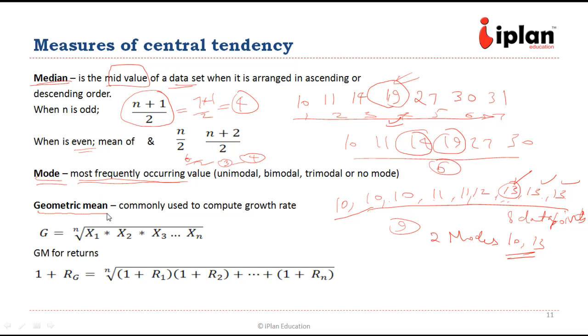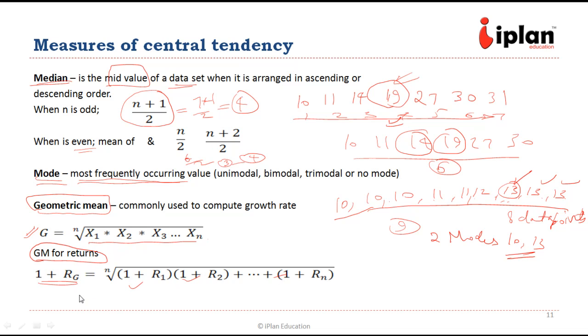Let us look at the geometric mean now. This is the nth root of the product of n terms. That is the basic definition of geometric mean, but when we use it for returns, we use 1 plus the return rate for all the terms.